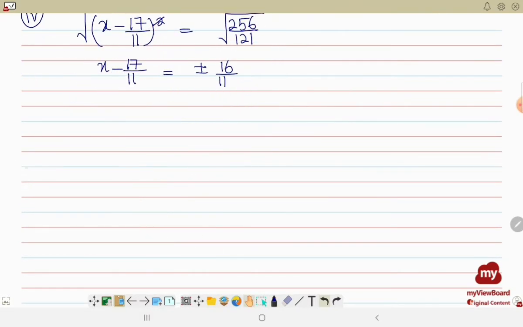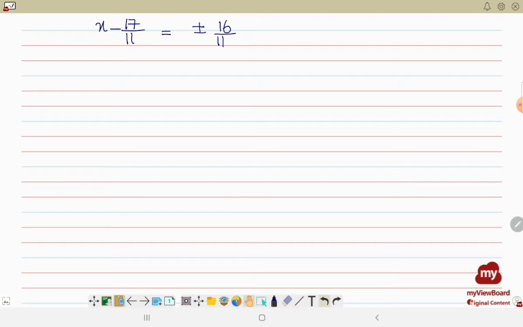Since we just have to find out the value of x, we'll shift this term to the other side. So we are going to have x equals 17 by 11 plus minus 16 by 11. So we'll make it once with the plus sign and then with the minus sign.